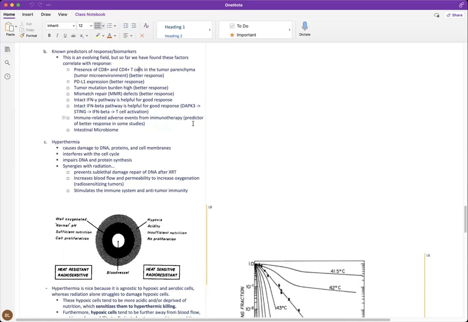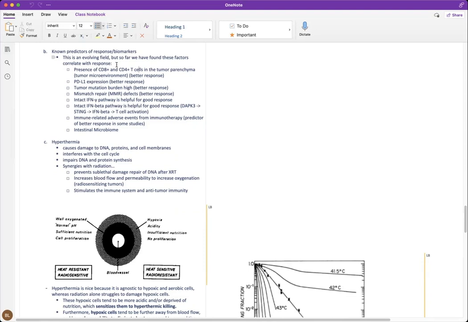Known predictors of response, biomarkers. This is an evolving field. So far, we have found these factors correlate with response. So this is kind of interesting. You want to know what can predict good immunotherapy response or not, so we're trying to learn about that.